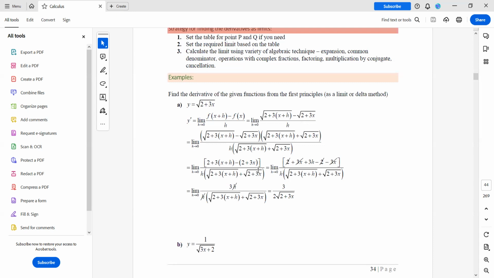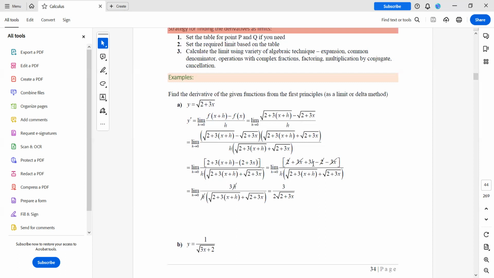Now what you're going to do right now is simplify what you have here. So you're going to have 2 plus 3x plus 3h minus 2 minus 3x. So 2 cancels 2, 3x cancels 3x, then you're left with 3h, right?